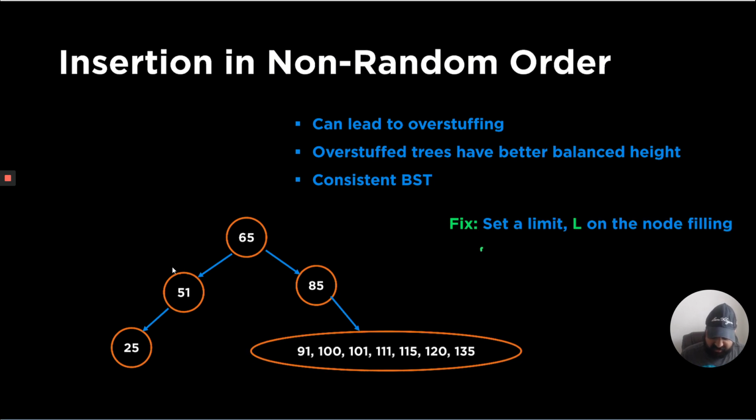Basically, we set a limit L on the node filling, which means you cannot have more than L keys or L values in a particular node. In this case, say L equals 3, there cannot be more than 91, 100, and 101. After that, if we try to insert something else, something must happen.